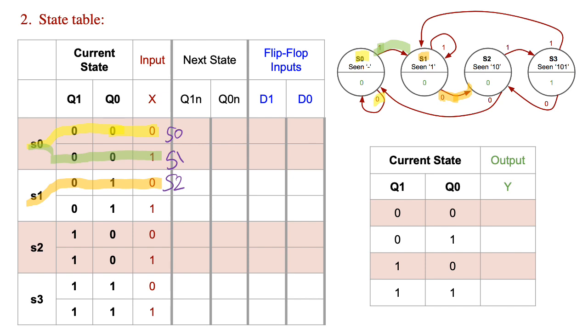We're still in state 1, but the input we receive is 1. If the input is 1, we're going to go to state 1 again. So that means we're going to say here S1.